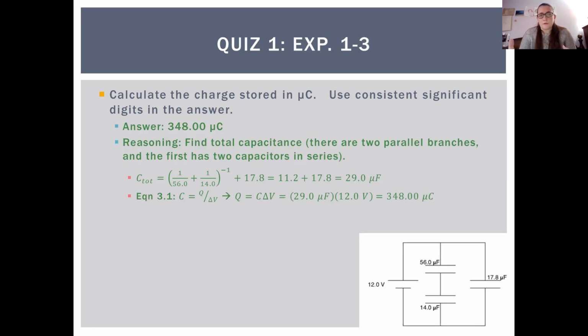So here's the way that we figure this out, right? We can see it in our circuit diagram that there are 2 parallel branches, but then that first branch has two capacitors in series within that branch. And capacitors in series and capacitors in parallel add together differently to find the total capacitance.